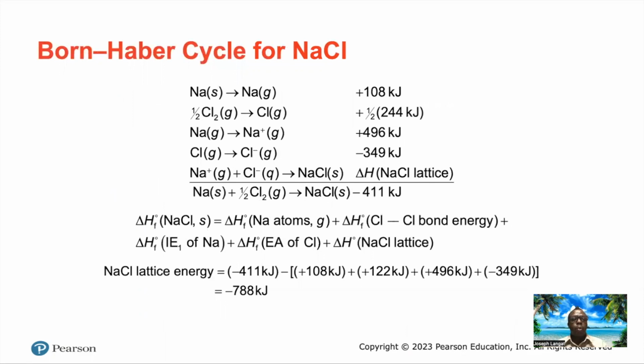Here is an example of how the Born-Haber cycle is used to determine the lattice energy. At the outset, this is what we know. In order to form 1 mole of sodium chloride from chlorine and sodium atoms, this is what it takes. You know the overall, but in between these steps, you need to find the lattice energy.